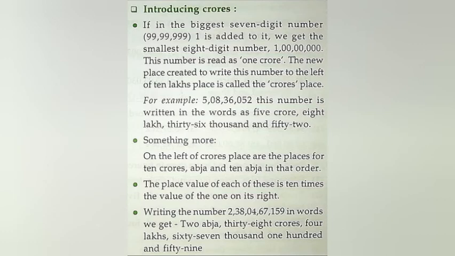Writing the number. Now this example is based on the abja, how you write it in figures and also in words. 2 abja 38 crores 4 lakhs 67,159. The figure looks very big, so it's better for you to jot down its places so you can convert easily into figures without any confusion.